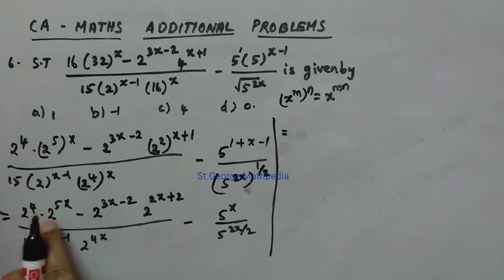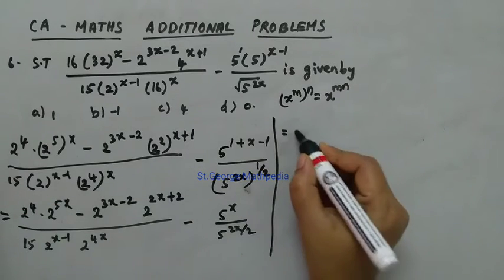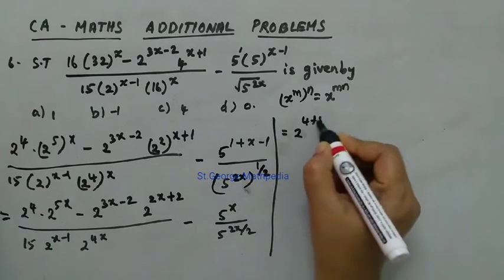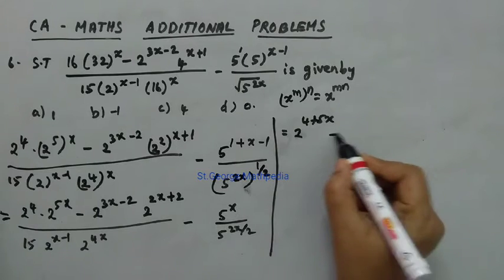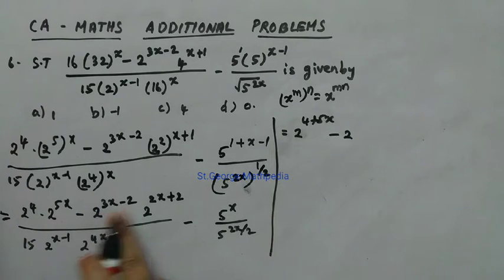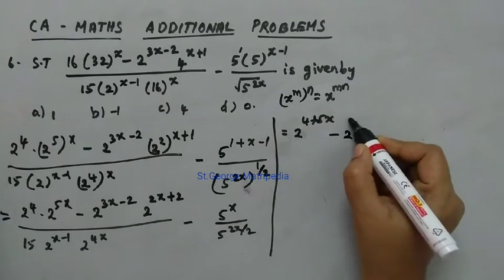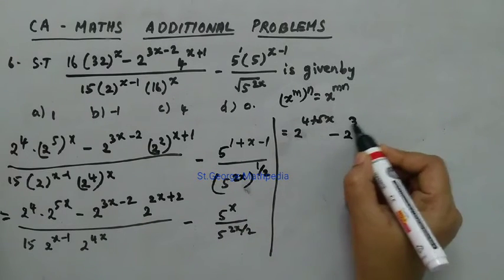now you have the same base 2, so you can add the power. 2 to the power of 4 plus 5x minus 2 to the power of 3x minus 2 plus 2x plus 2. Okay, you have the same base, so you can add the power.